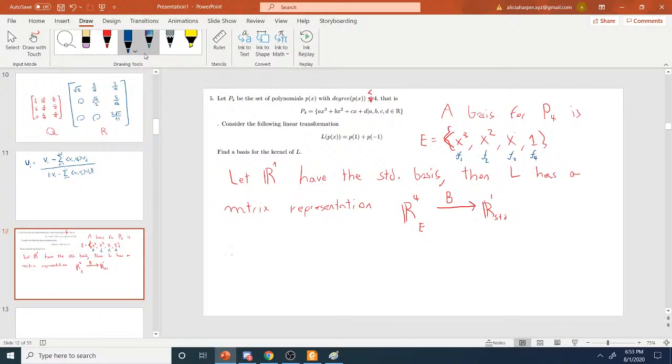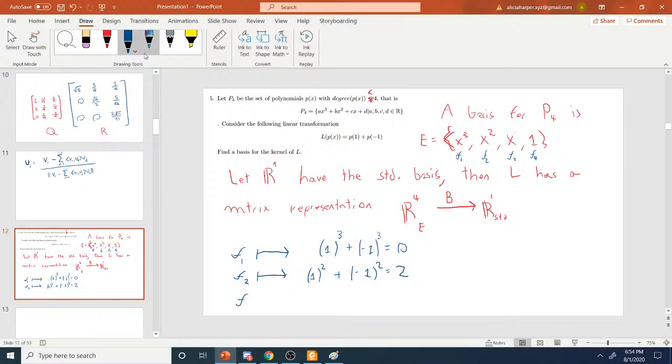then we know that F1 maps to 1 raised to the third plus negative 1 raised to the third, which is equal to 0. We know that F2 maps to 1 squared plus negative 1 squared, which is equal to 2.